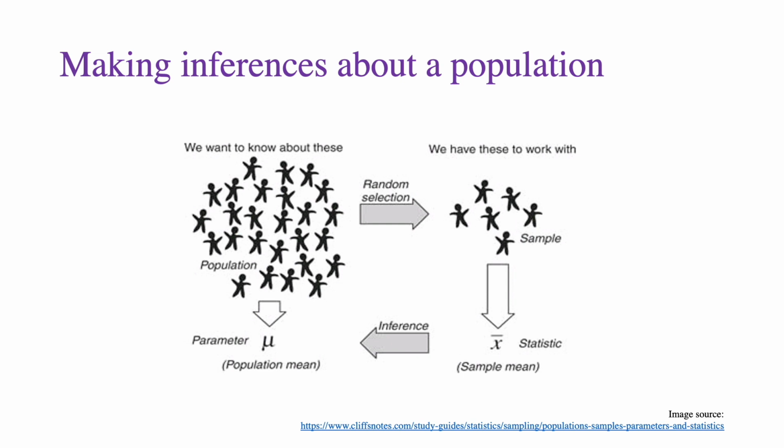We obtain the statistic from the sample, and from that statistic we make inferences about the unknown population parameter. So we're making conclusions about a vast population based on a random sample that we've drawn from that population.